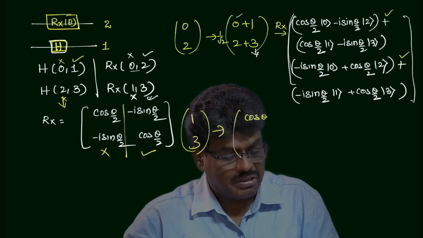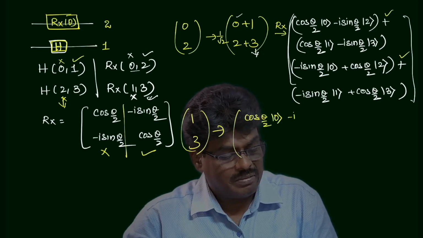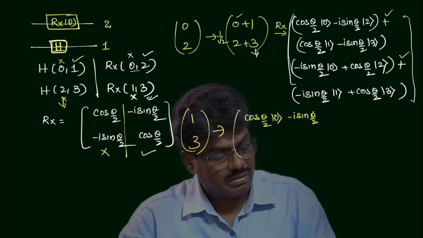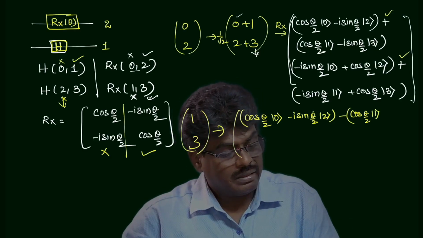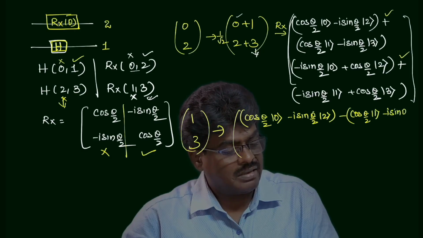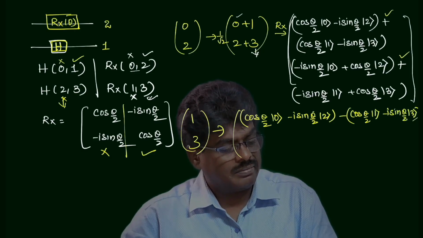So here cos theta by 2 0 minus i sin theta by 2 2, minus cos theta by 2 1, just I'm taking a bracket, minus i sin theta by 2 3.